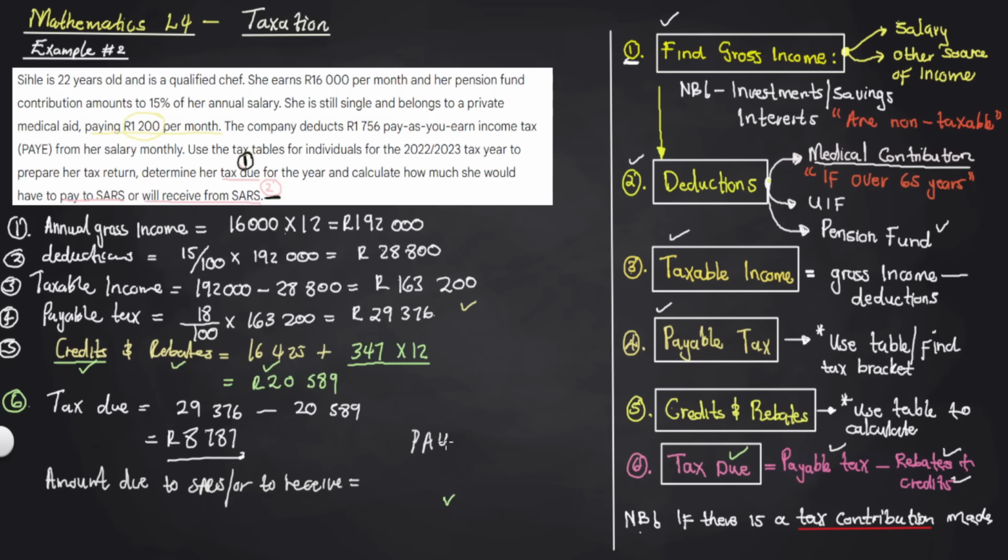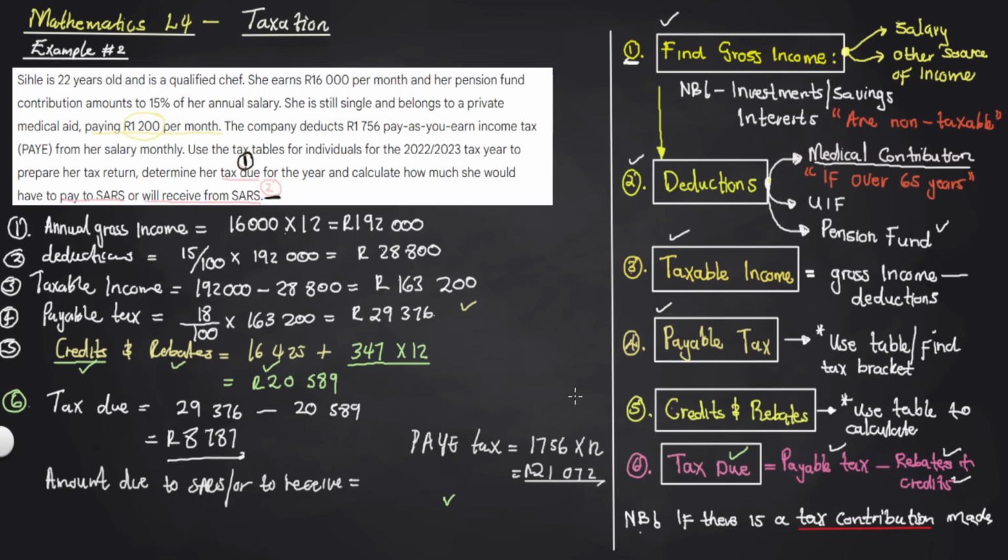PAYE tax is equal to what? 1756 times 12. 1756 times 12 is a total of 21,072.